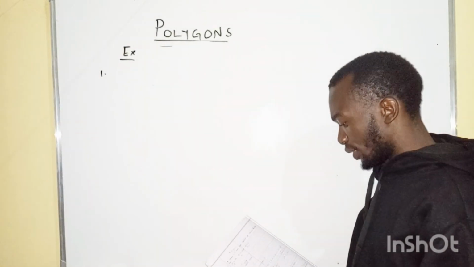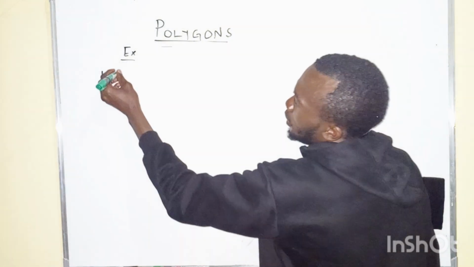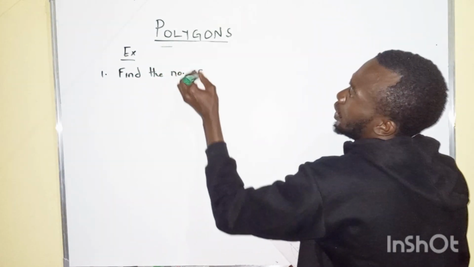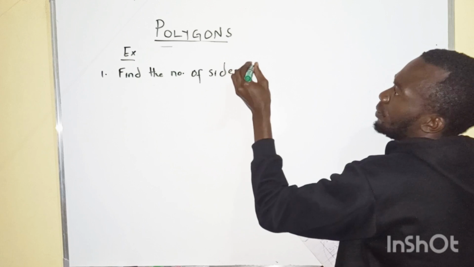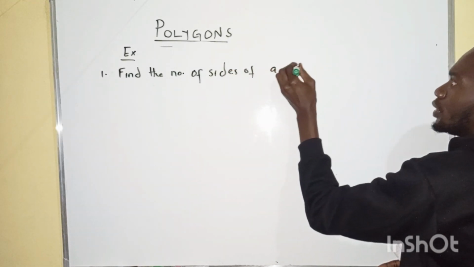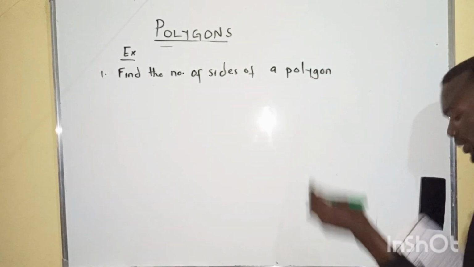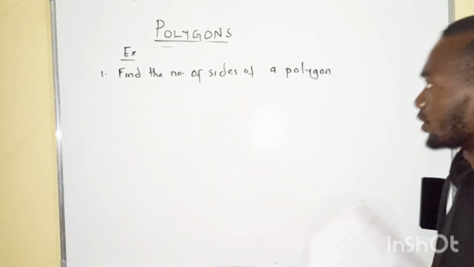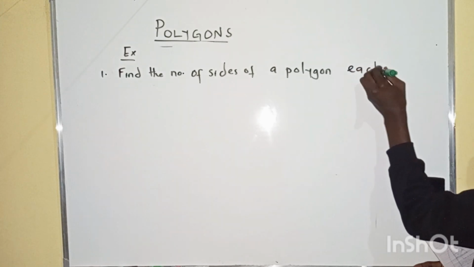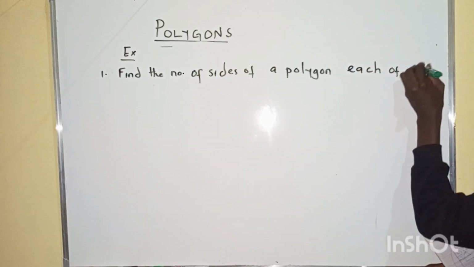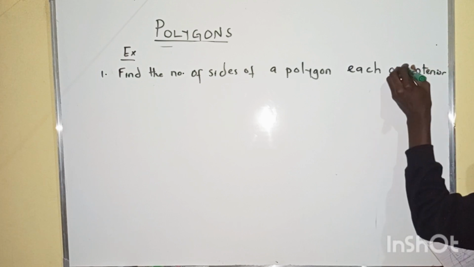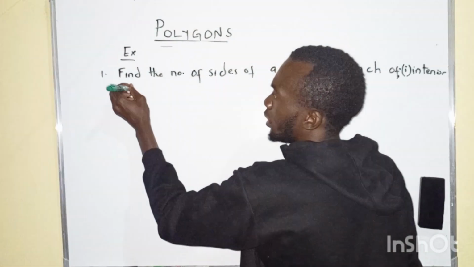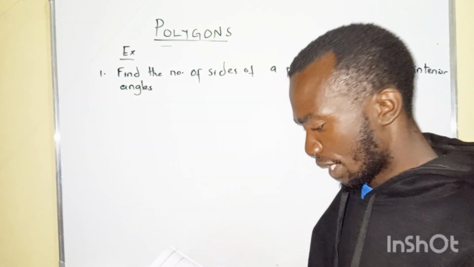Find the number of sides of a polygon, each of whose interior angles is given.